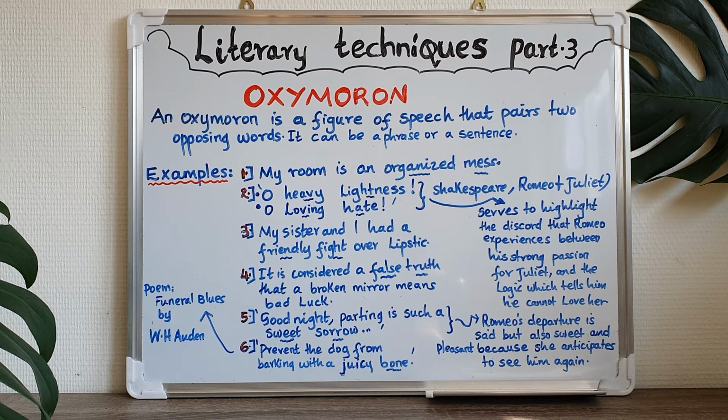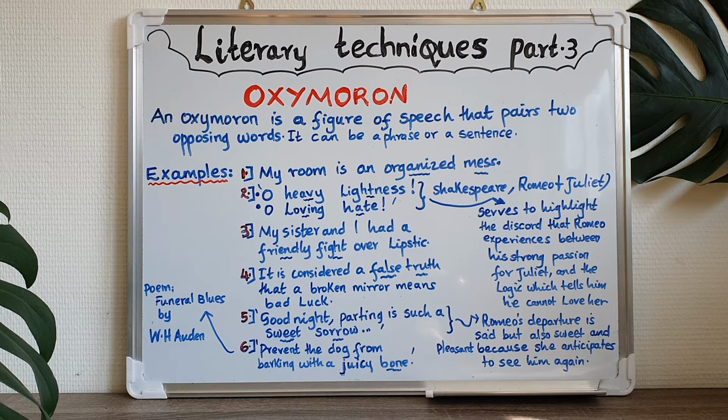An oxymoron is a figure of speech that pairs two opposing words. It can be a phrase or a sentence. Now, remember that literary techniques are also called stylistic devices.